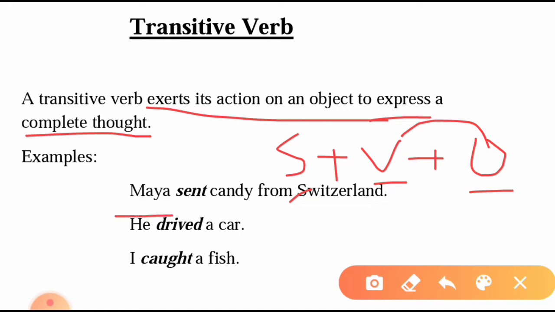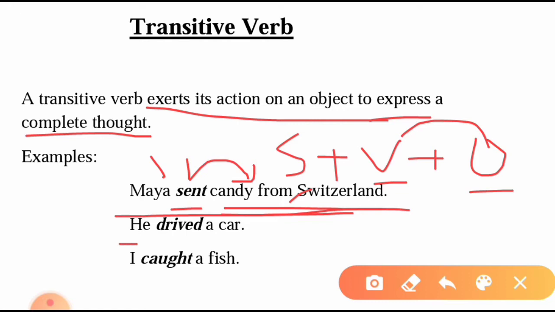So this is the first sentence you can see. Maya is the subject, sent is the verb, and candy is the object. So you can see sent is a transitive verb, which requires an object in this sentence, which is candy here. Another example: he drives a car. Here he is the subject, drives is the verb.